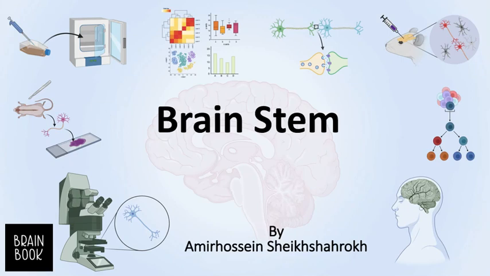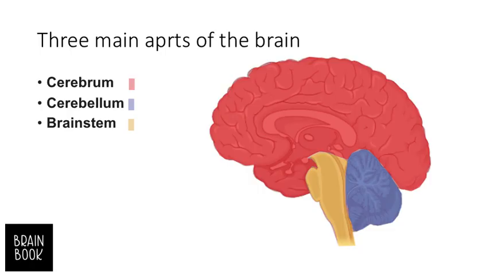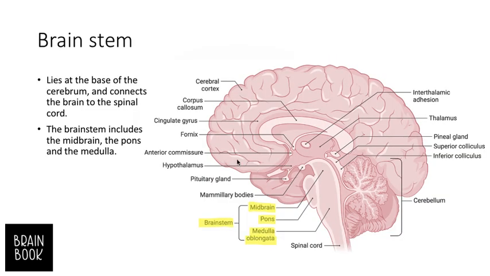I'm Amir, and in this video I want to talk about the brain stem. As we said, the brain has three different parts, including the cerebellum, and the brain stem. What is the brain stem?